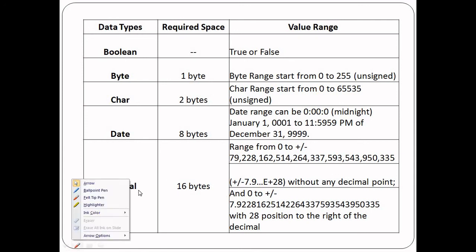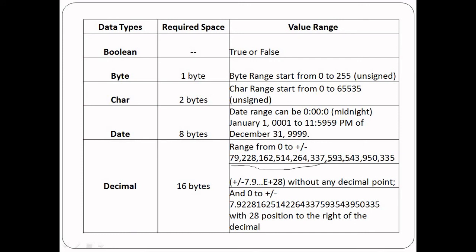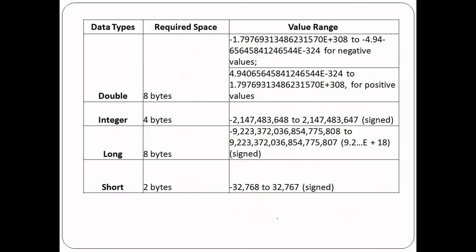So for storing numbers, we can use decimal data type, and it can store complete numbers, that is without decimal point, as well as numbers with decimal point. With decimal point, we can store such a huge number, and we can store up till 28 decimal points. That is after the decimal dot, we can have 28 places to store numbers.